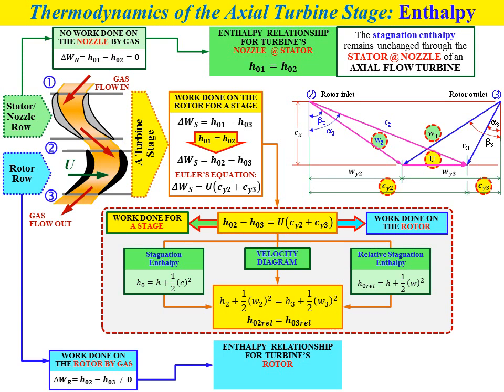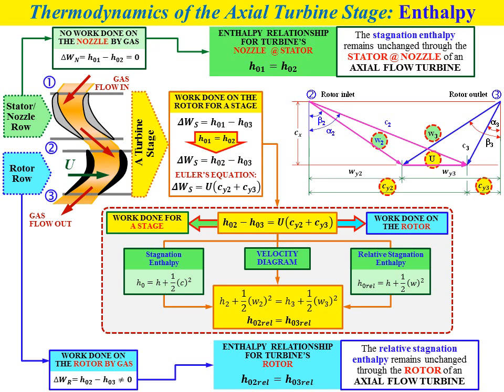Thus, we have a special enthalpy relationship for the turbine rotor, where the relative stagnation enthalpy at the inlet of the rotor, H02 relative, equals the relative stagnation enthalpy at the outlet of the rotor, H03 relative.